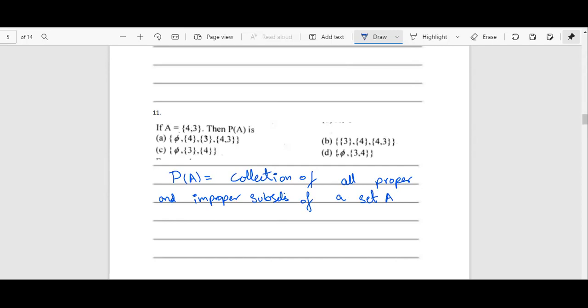So the power set P of A basically has the collection of all proper and improper subsets of the set A.